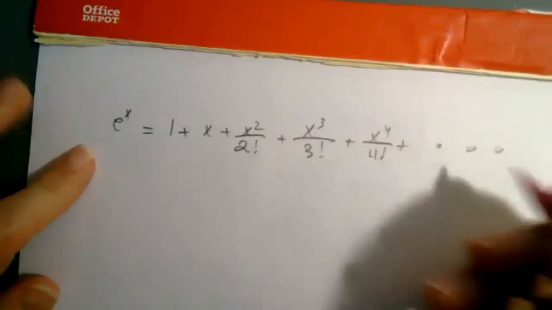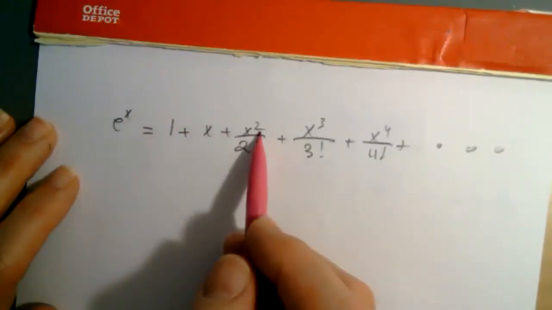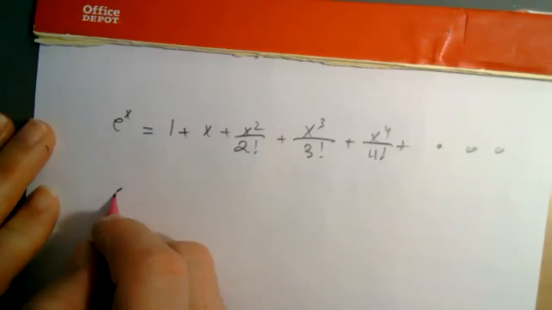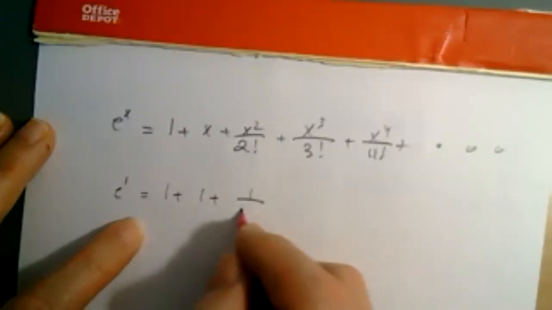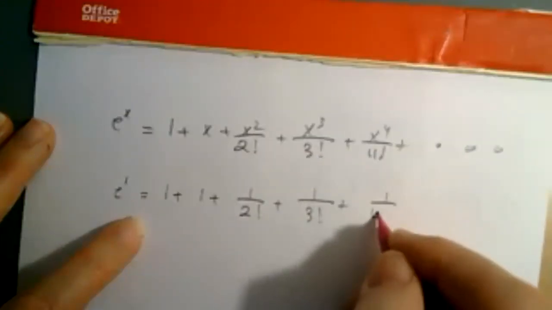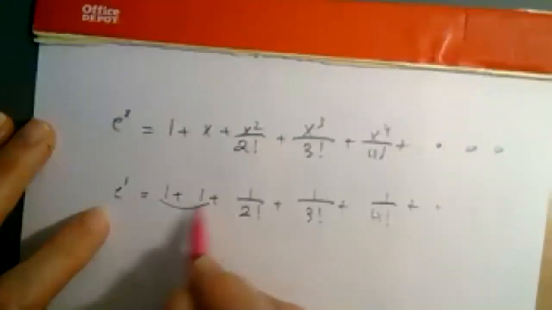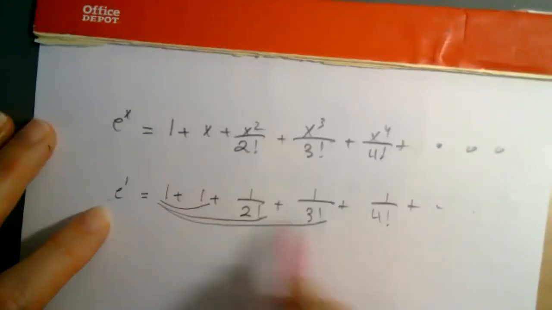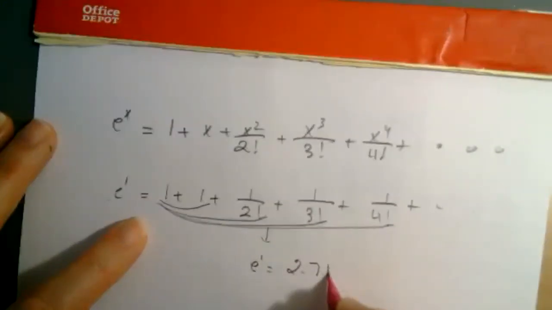Plus so on. So what I'm telling you is the following. If I put x equals 1 here, those are equal. It means if I take x to be 1 and I put 1 in this expression, those two are equal. It means if I start physically adding those terms, the partial sums will get close to e to the 1, which is 2.71.